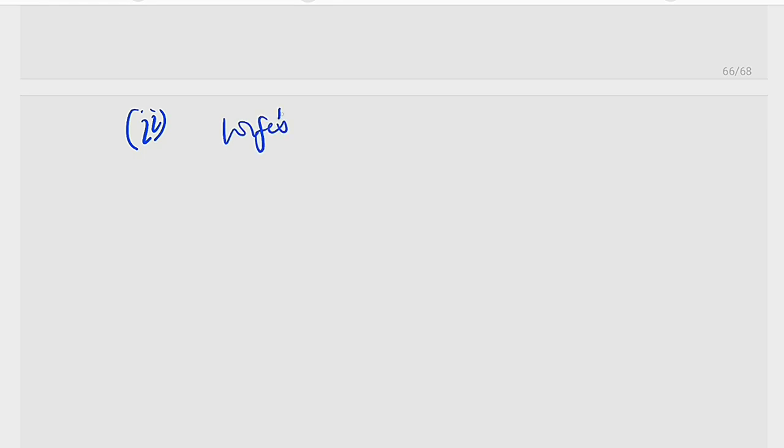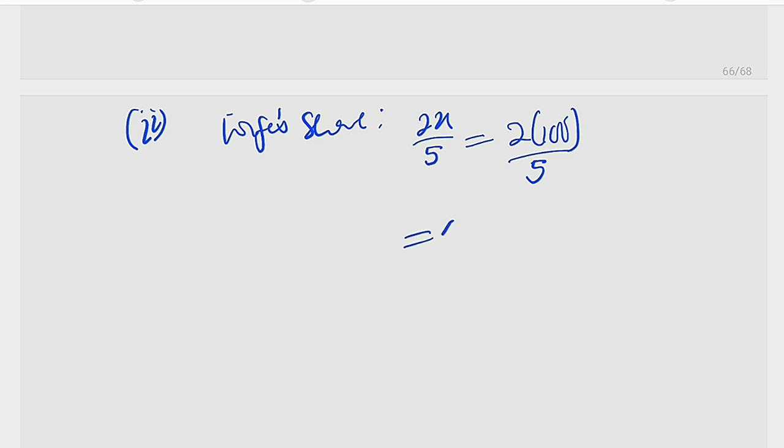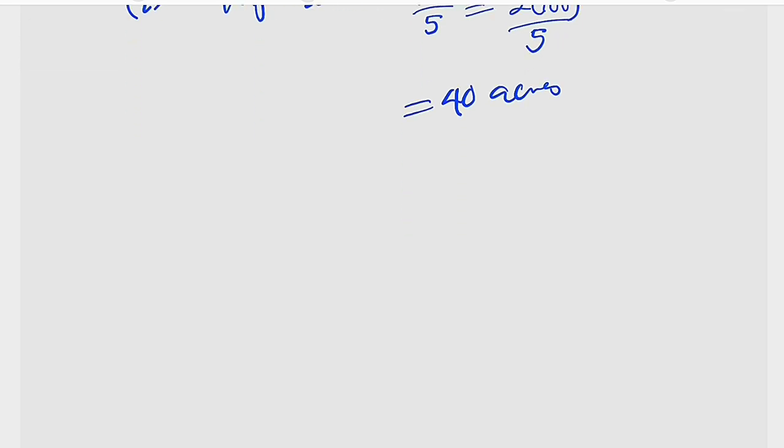So the wife's share, which is 2x divided by 5, but we have just obtained the value of x to be 100, so this is 2 multiplied by 100 divided by 5. 2 times 100 is 200, divided by 5 is 40, so we have 40 acres. So she received 40 acres, and we are done with question number 10A. Let us move on to 10B.